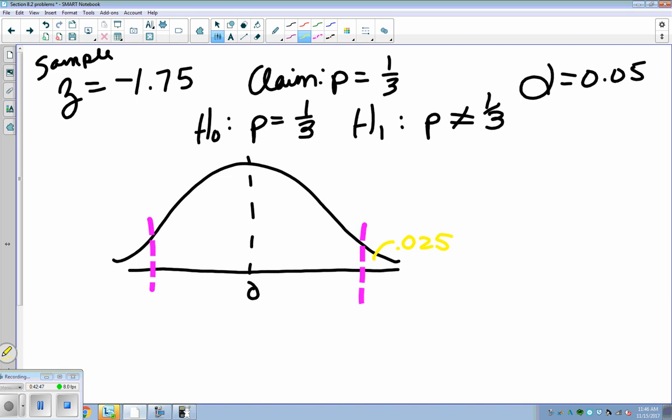So the area there is 0.025. The area here is 0.025.